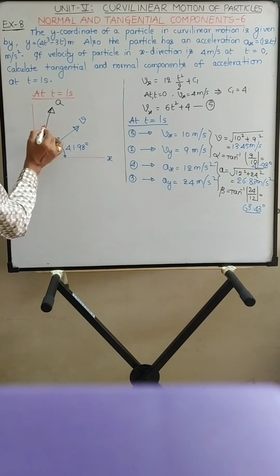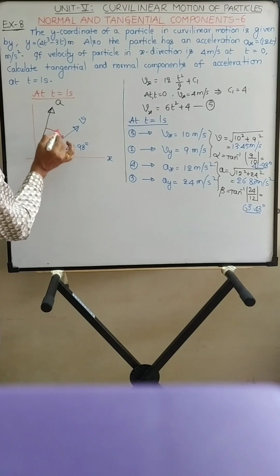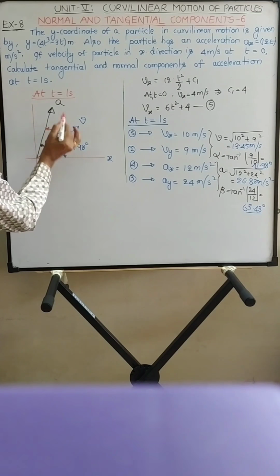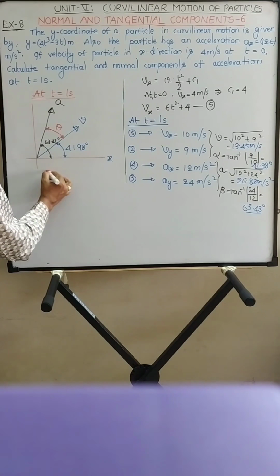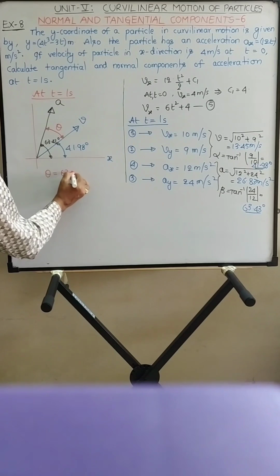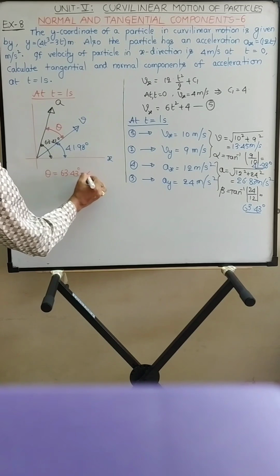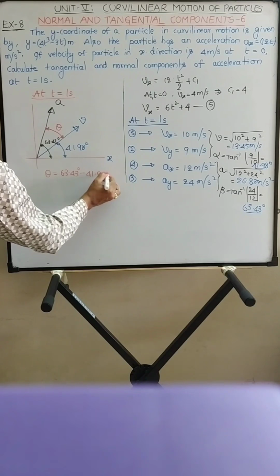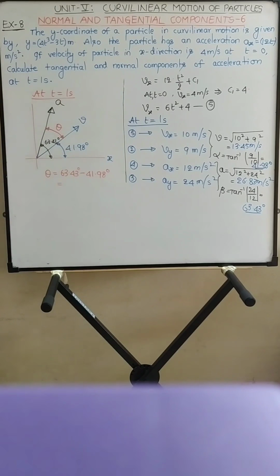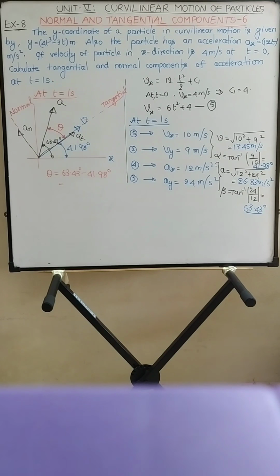Now what is the angle between the velocity and acceleration? Say theta. So theta is equal to 63.43 minus 41.98, that is 21.45 degrees.